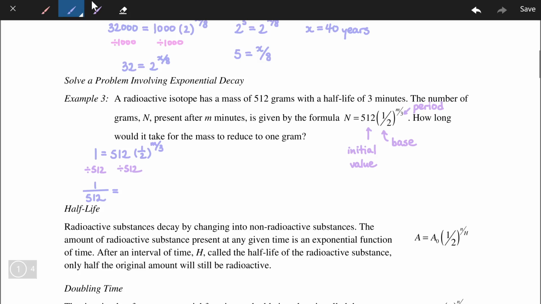And on the right-hand side, we have 1/2 to the m over 3. We can then rewrite 1 over 512 as a power of 1/2. So we get on the left-hand side 1/2 to the 9th power. And on the right-hand side, we have 1/2 to the m over 3. So that tells us that 9 is equal to m over 3. So the time it takes is 9 times 3, or 27 minutes.